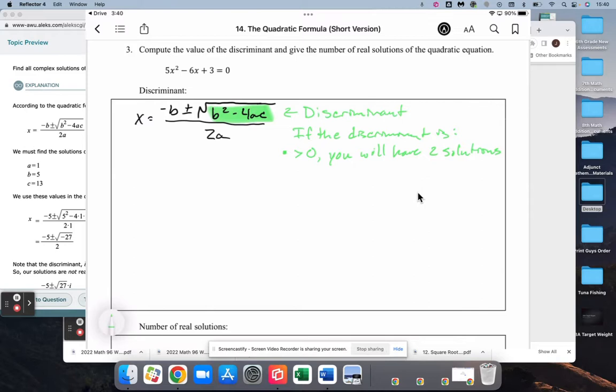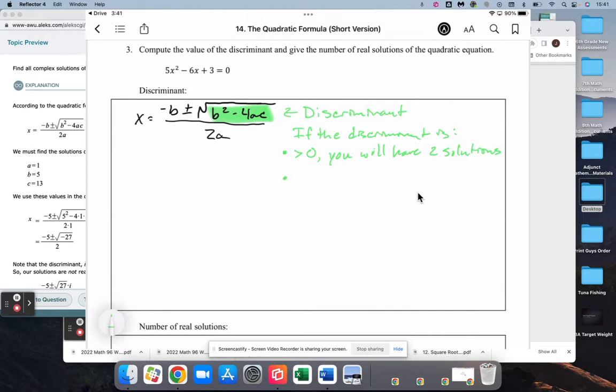Now let's think about the reason for that for a moment. You're taking the square root of a number that's larger than 0, like the square root of 4. That's going to have a positive 2 and a negative 2 as a solution. The discriminant is larger than 0, you have 2 solutions.